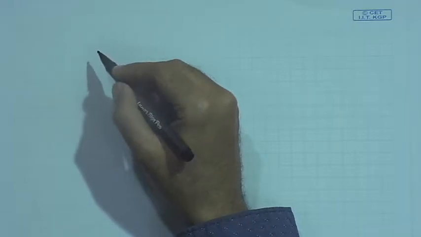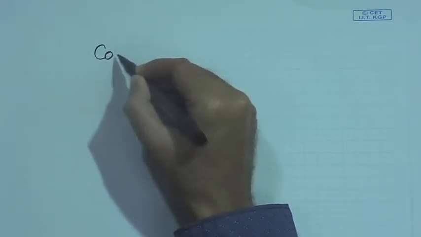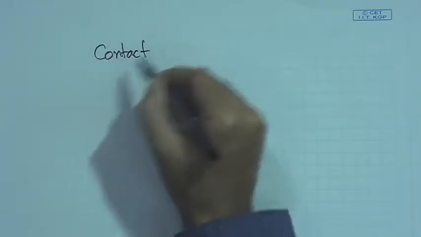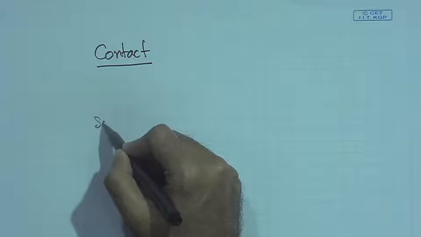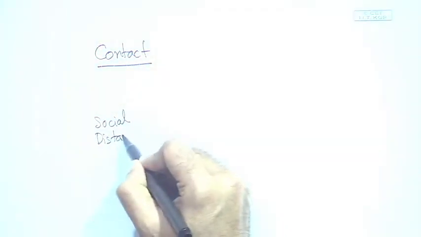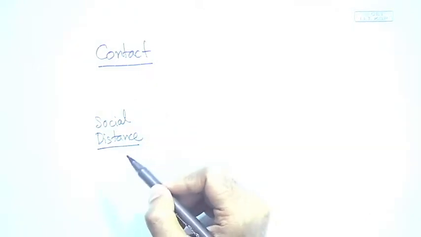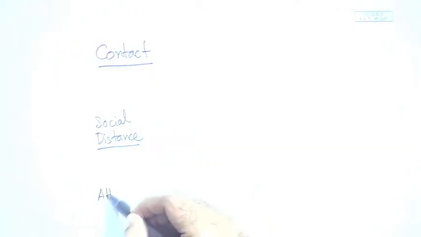If we look at these attributes, the first one is the contact, the second one is the social distance, and the third one is the attitude.